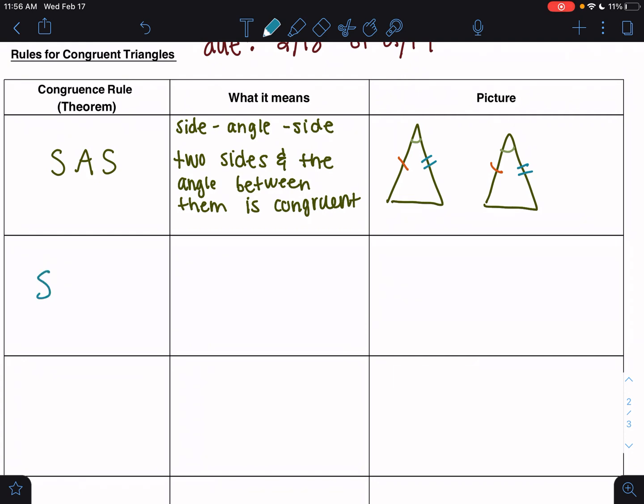The next one is side, side, side. And so this just means that all 3 corresponding sides are congruent.